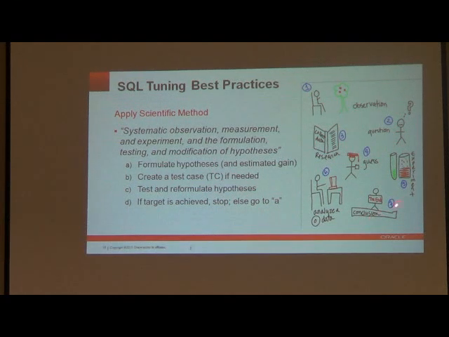This is another way to see the scientific method, but it's the same. I mean, we cannot avoid this. When it comes to SQL tuning, once you have some clues, you have some ideas, you just don't say, oh, this is the answer. No. What you say is, it looks like this is your issue. It looks like if you do ABC, this should be the result. Now we have to try it. Is that clear? That's how we approach SQL tuning.